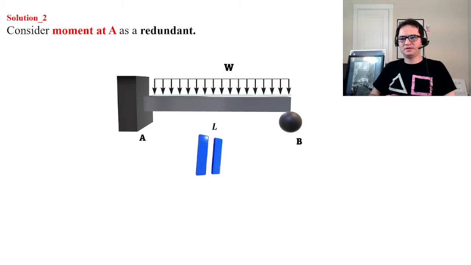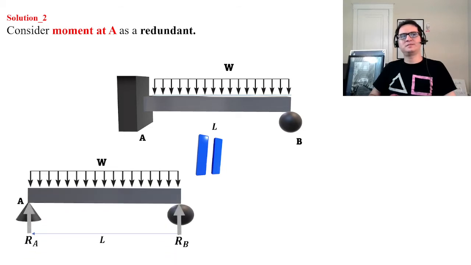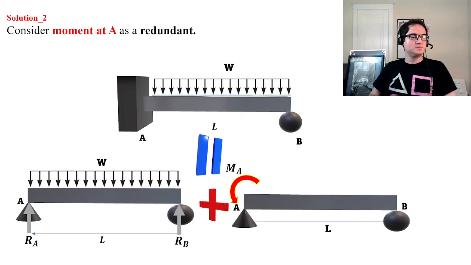The original beam can be replaced by two beams. First, a two simple support beam with a concentrated load of W, plus a two simple support beam with no loading and the effect of moments.